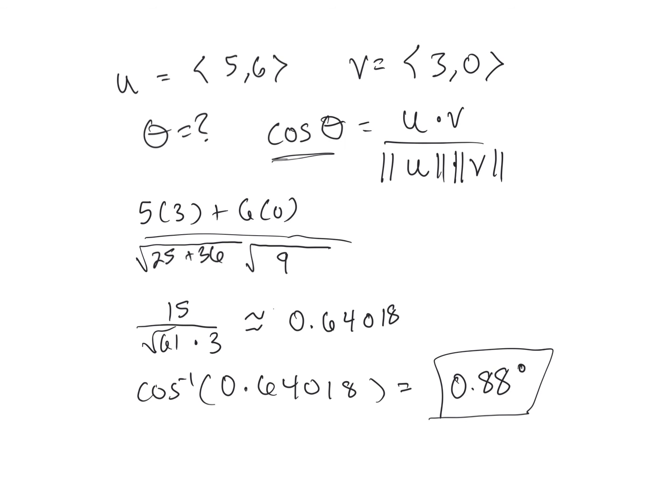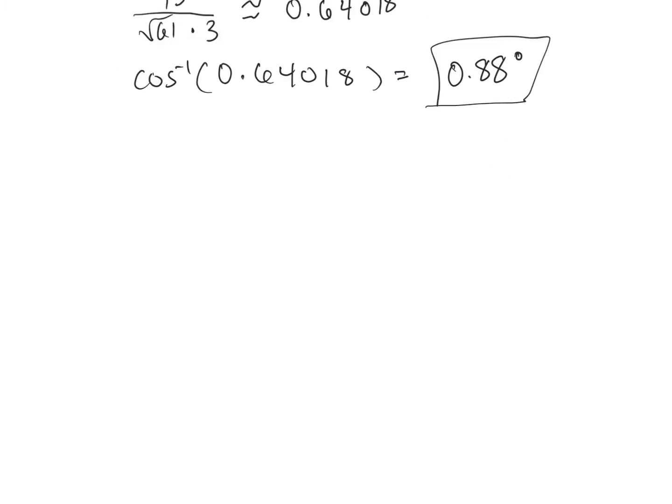Lastly, how can we tell if two vectors are orthogonal? Orthogonal is just a fancy word for saying they are perpendicular. Let's say your car is going this way and the boost is going straight up.